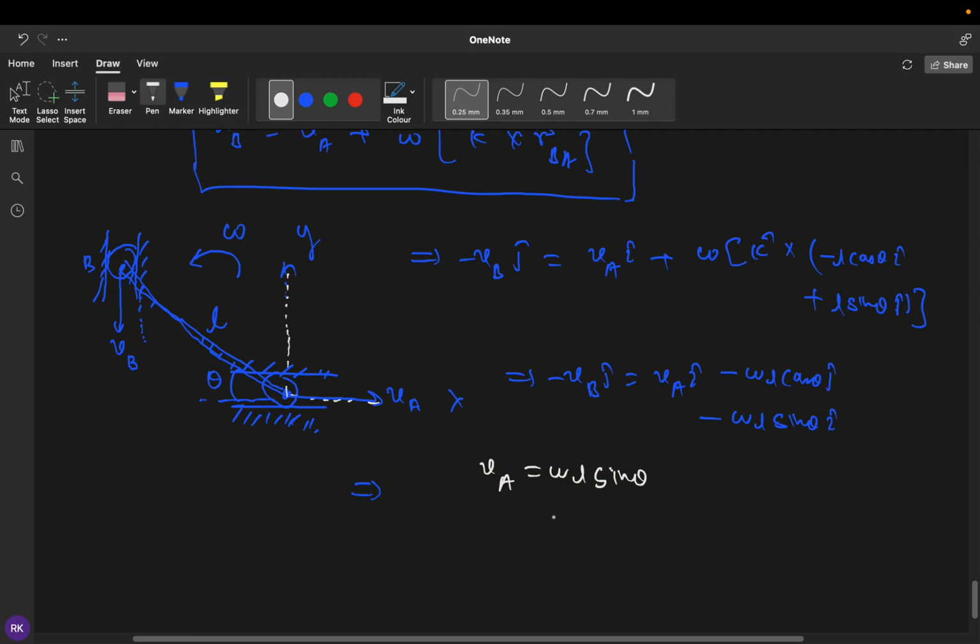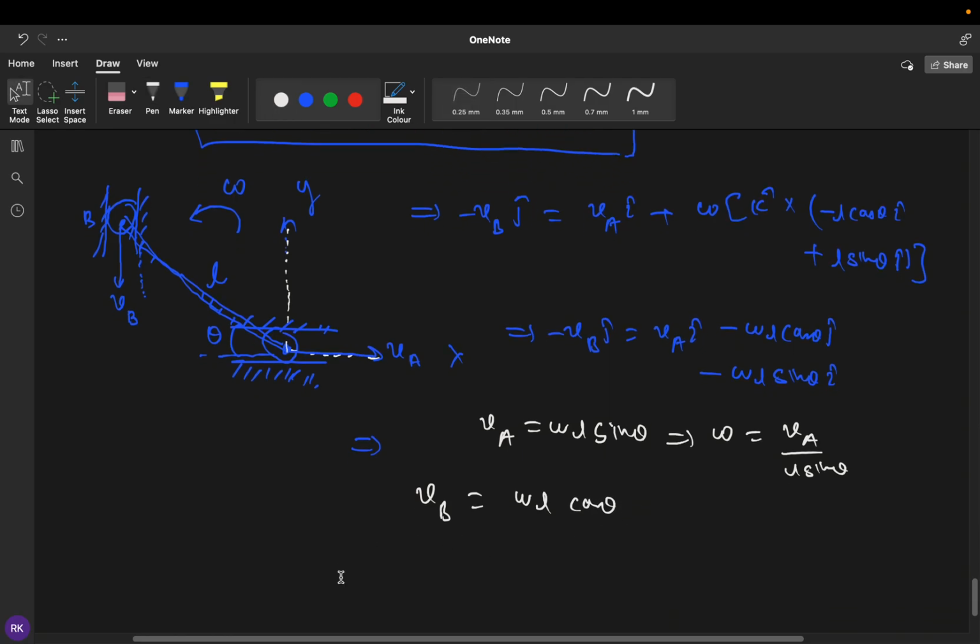From here you get the relation for omega, that is omega equal to VA divided by L sin theta. Now compare the j, you will get VB equal to omega L cos theta.